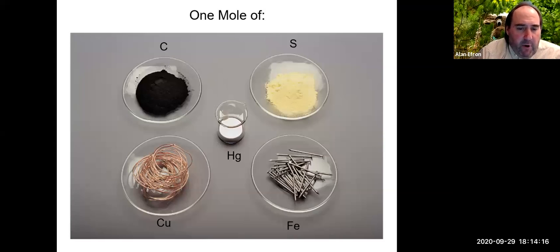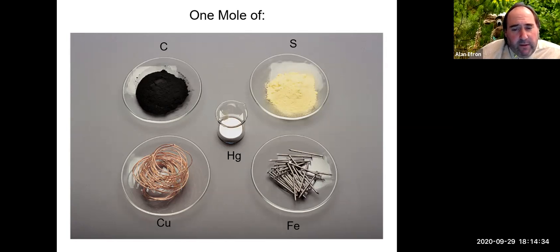Here is a mole of all these different substances, and it does look like perhaps different amounts of each of those. The reason is that 1 mole of each of these does represent a different amount.